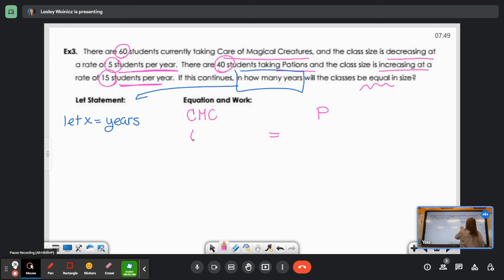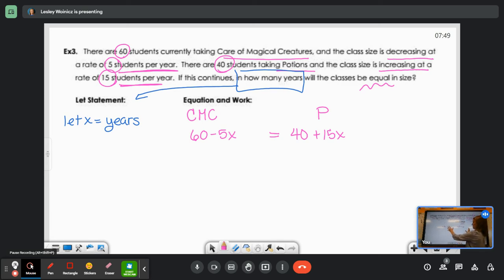So 60 plus, whoops, just kidding, decreasing means negative, okay, minus 5 students per year. So the 5 gets the x. Okay, it's 40 in Potions, but it's increasing by 15 students per year with an x. Now we have to solve it.